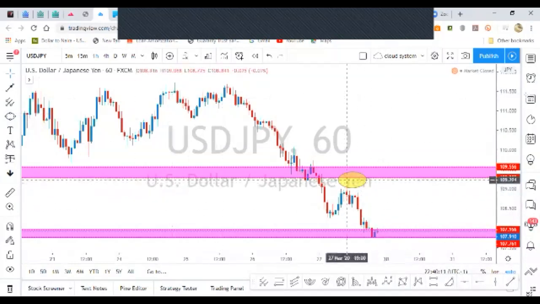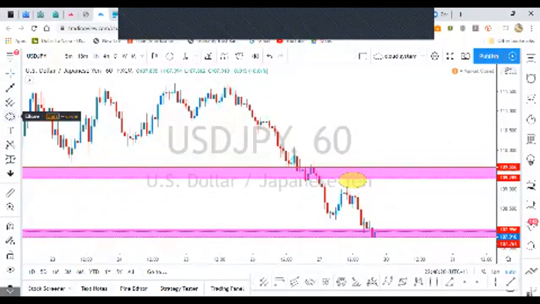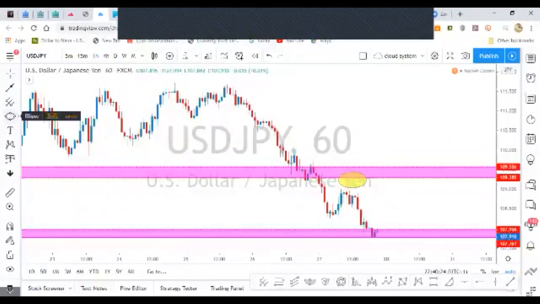So I took the sell, and then it knocked me out on my first move. After I did like 30 something pips, it knocked me out on 20 pips. When I saw it repeating itself again, I entered and it delivered.